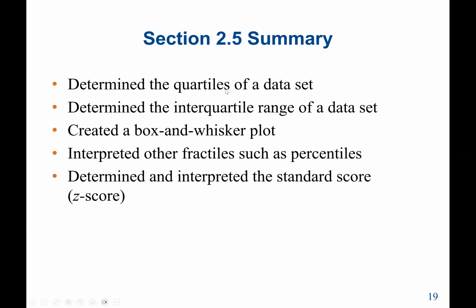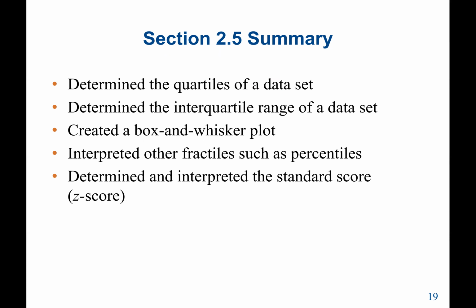So in these lectures, again, we went through the concept of quartiles of a data set. As we said earlier, the quartiles of the data set mean the data set is divided into 4 equal parts. We're normally going to find Q1, Q2, and Q3. In order to find these quartiles, first of all, we need to put our data in ascending, increasing order. We need to sort it. Then we find the middle value of the whole data set, and that will be Q2, which is the same as the median.